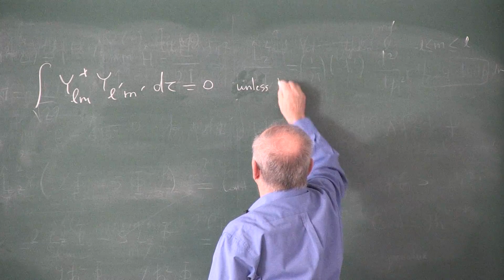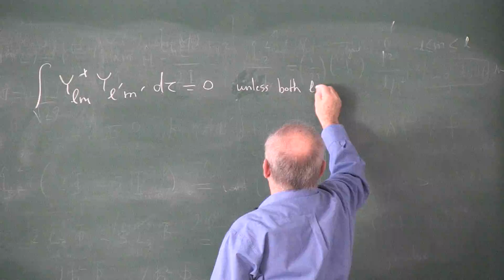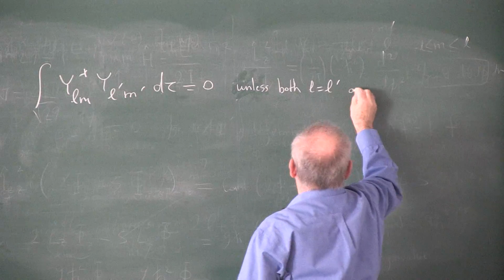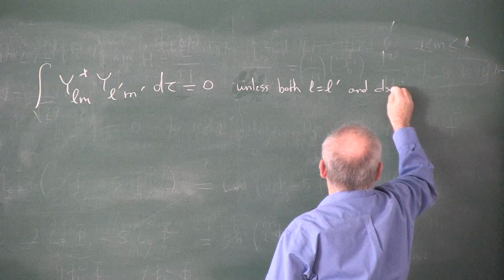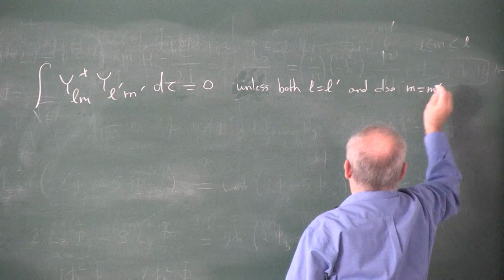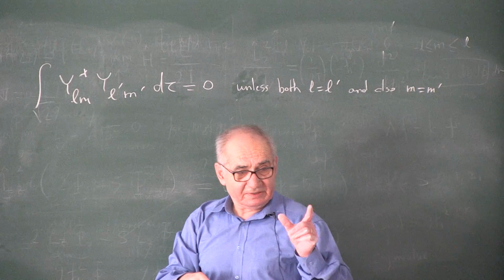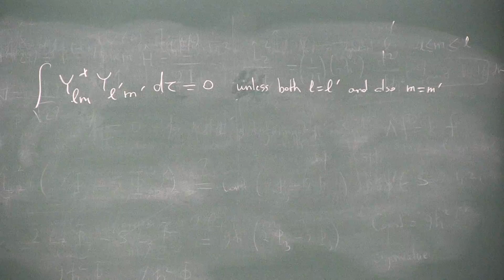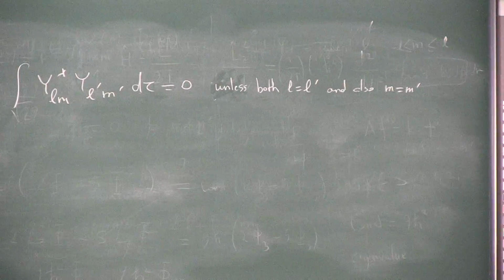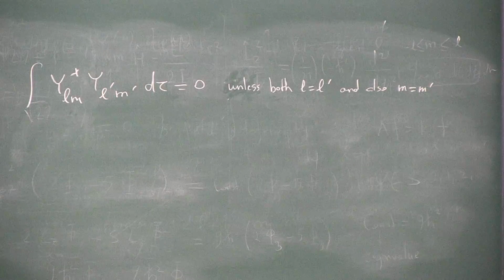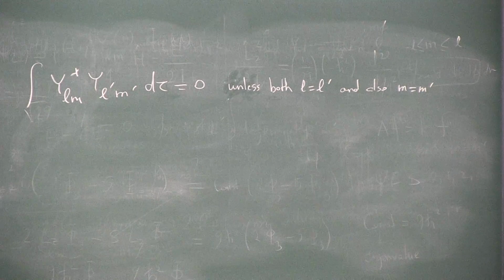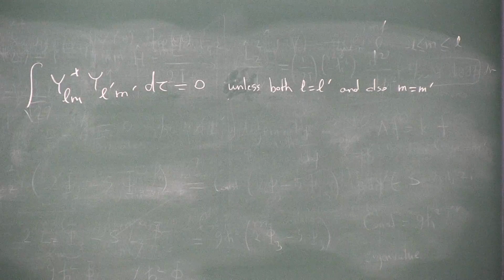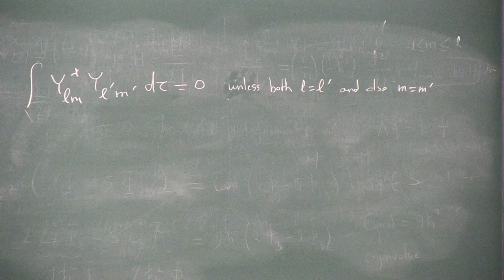unless both L is L prime and also M is equal to M prime, in that case, the value of the integral is 0. Now, this function times that one. The L's are different. One has L equals 3, the other has L equals 2.